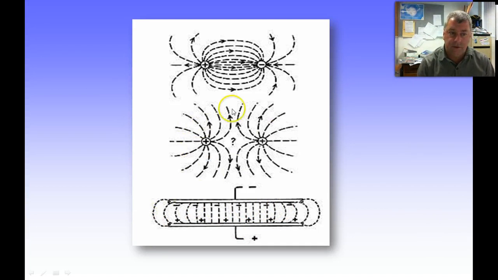This is a non-uniform field, this here is a uniform field, and they haven't put their arrows on it, but if this is a negative plate and this is a positive plate, we use an imaginary positive charge. Positive charge would be attracted to the negative plate. So these guys here, let's draw it because we can.